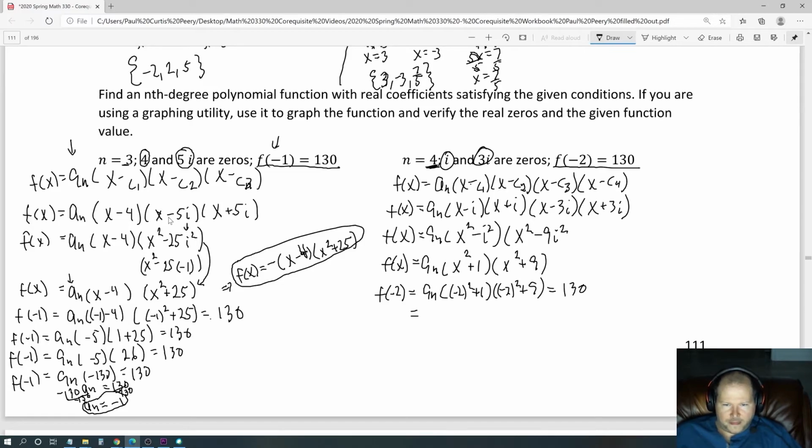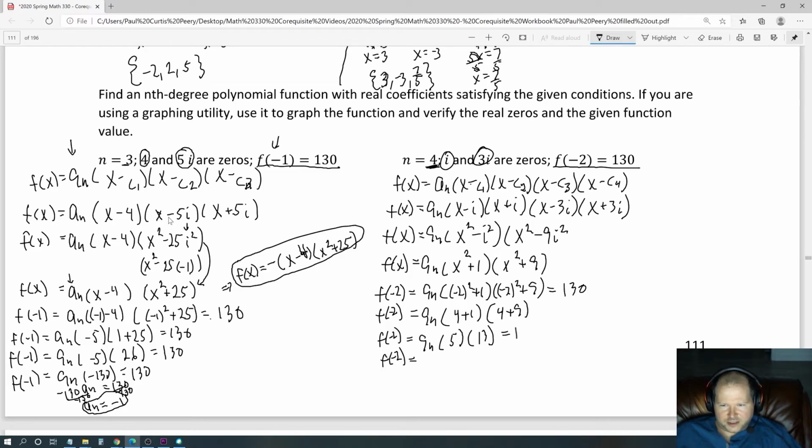Okay, cool. So we would say negative 2 squared is 4. 4 plus 1 is 5. And we would say negative 2 squared is 4. 4 plus 9 is 13, right? Try not to skip steps here, but obviously, again, I'm running out of room.